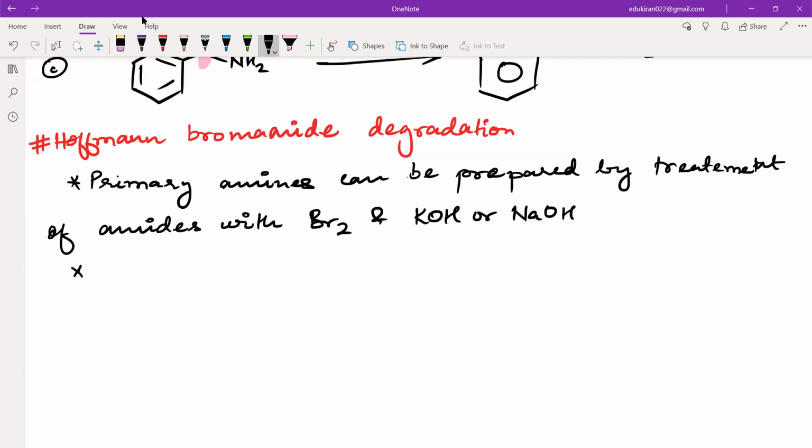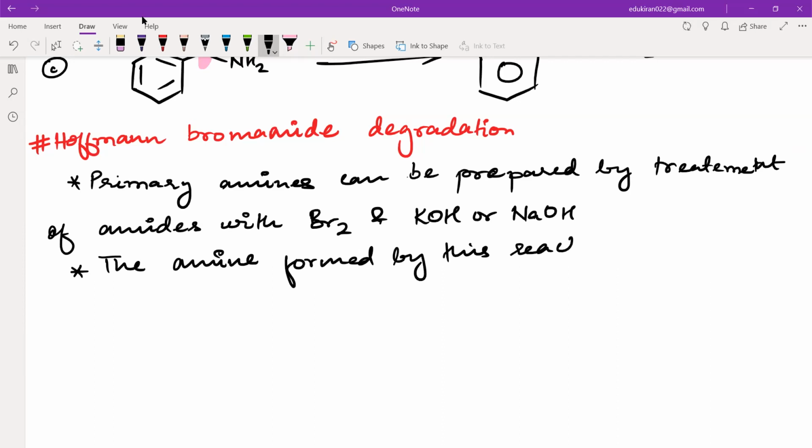One important point is that the amine formed by this reaction has one carbon less than the original amide.